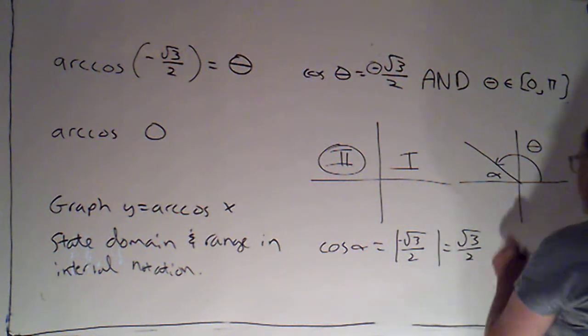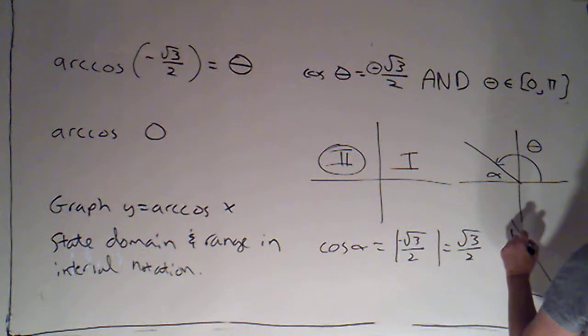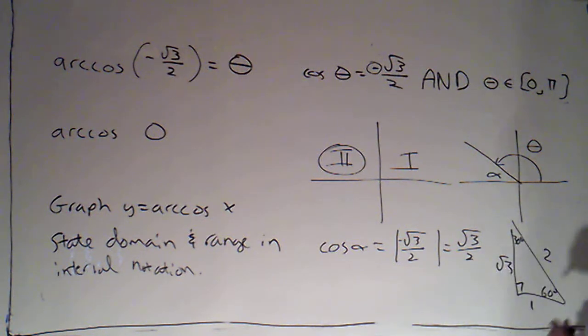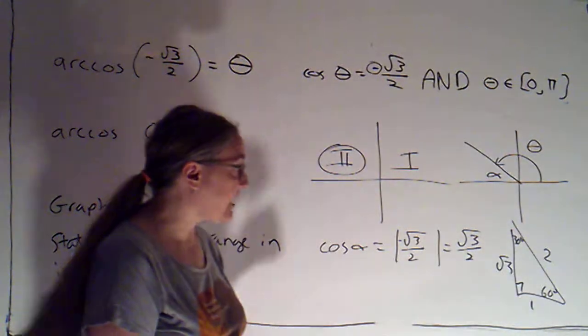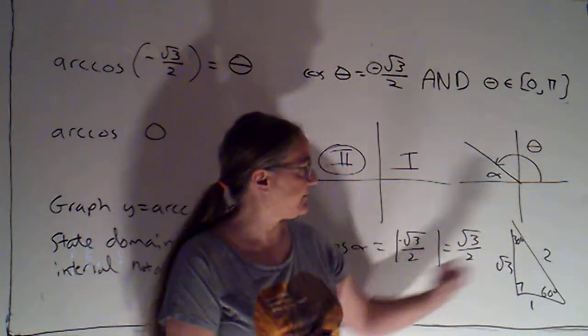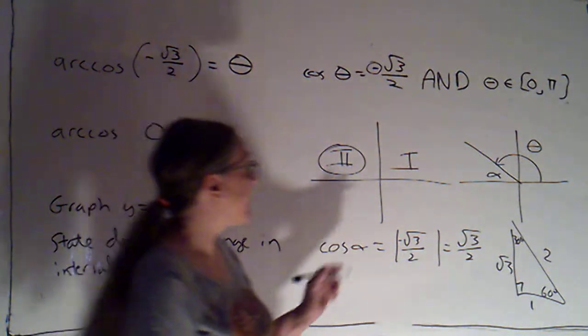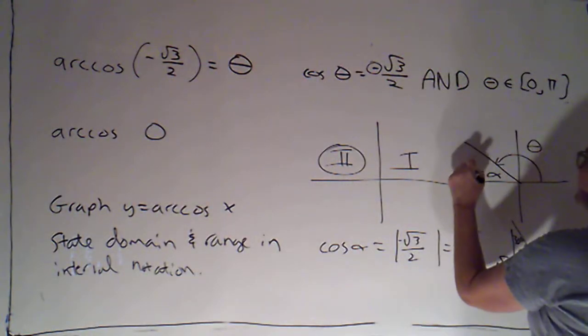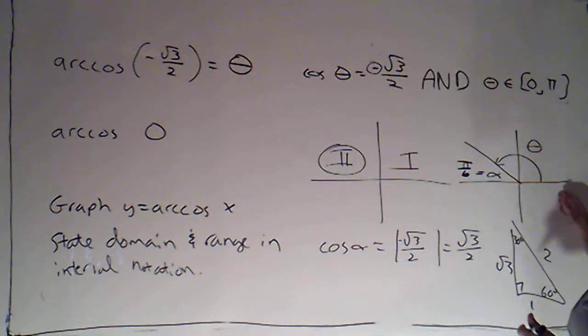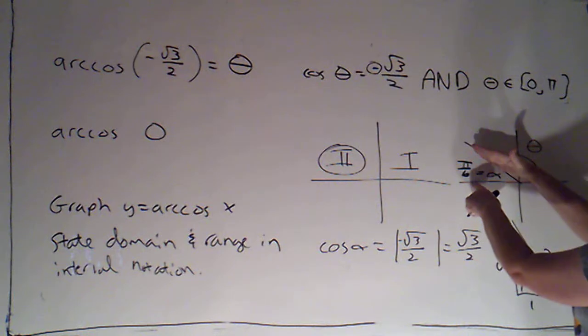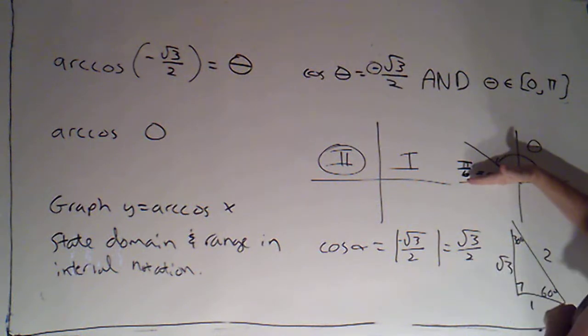Oh my goodness, I'm inspired once again to draw my 30, 60, 90 triangle. 1, 2, root 3. The acute angle whose cosine is root 3 over 2 is 30 degrees, which would be pi over 6. So our alpha is pi over 6, and then I can see theta's just that much shy of being half of a revolution.